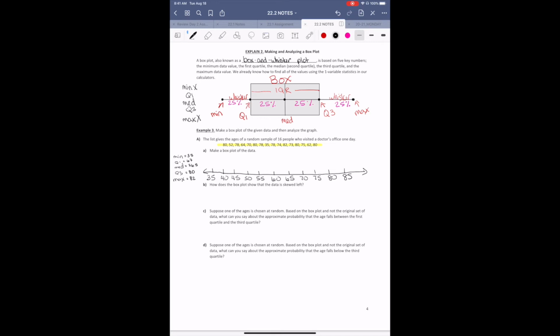Now I'm going to go ahead and plot those 5 numbers. So I have a point at 35. I have a point at 67, which means I'm going to have to estimate here. Then we have a point at 76.5, a point at 80, and a point at 82. Once you have those 5 points, draw a line straight through them.